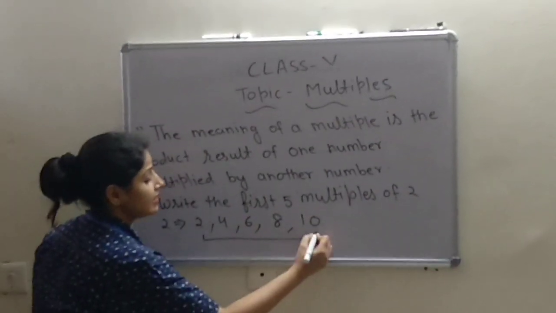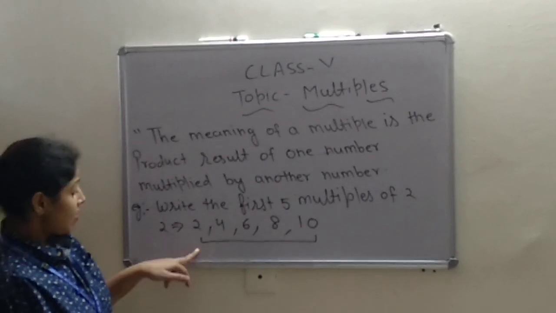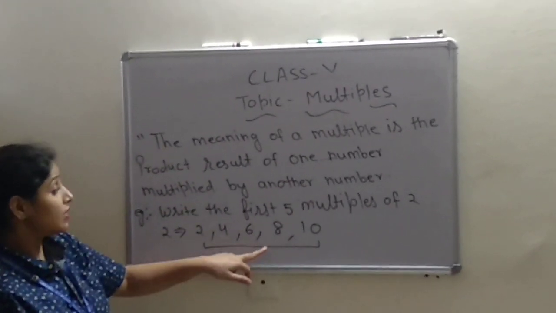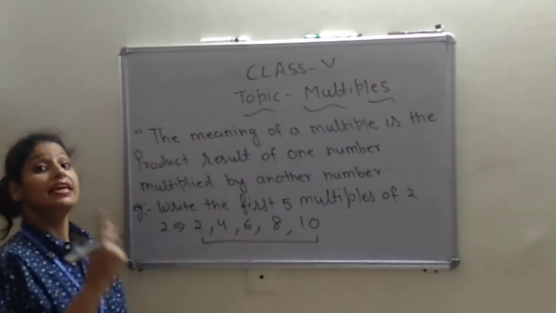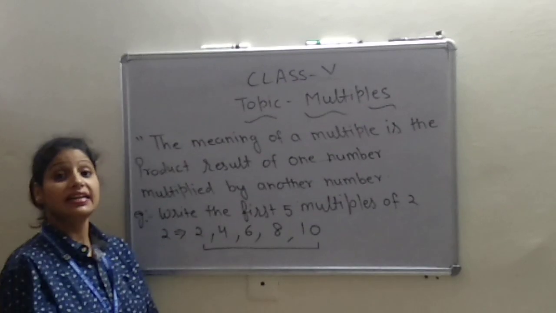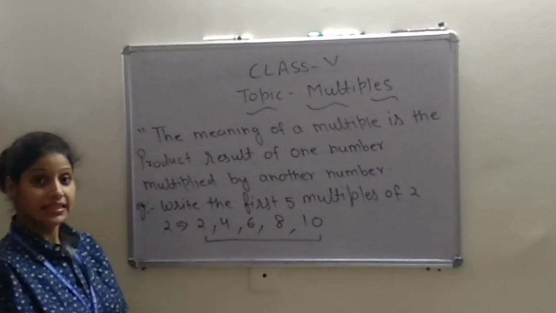So I have written all the first 5 multiples of 2. Hope you have understood how we write multiples, or we can say it is the product of two numbers. Here we are taking two numbers, and when we are getting the product of that number, that means we are getting the multiples of that number. Alright?